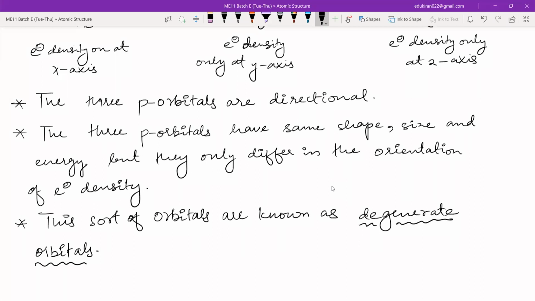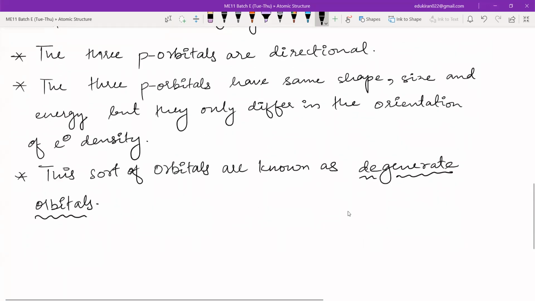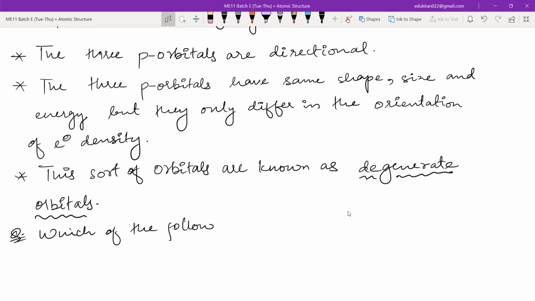You can get MCQs from here. How? There will be a question. Let us say, for example, you will be asked, which of the following is true for degenerate orbitals?